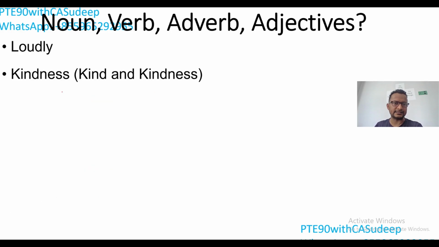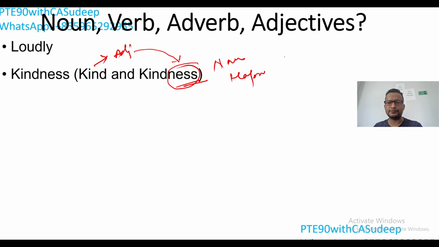And then kindness. See, kind: "he is very kind". Kind is an adjective, kindness is a noun. So if you put "ness" after an adjective, it turns into a noun, for example, kindness, happiness, forgetfulness. All those words with "ness" at the end will be nouns.